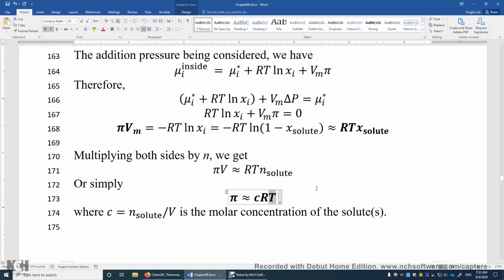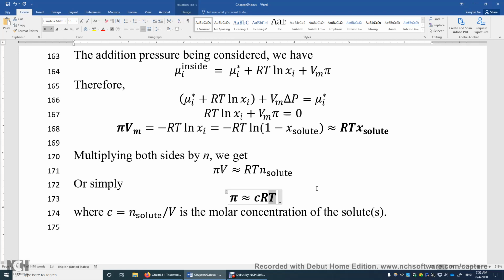I think the result is 0.25 bars in the end. So the osmotic pressure is pretty high. It's 0.25 bars if you add only 1 mole of sucrose in 10 liters of water.